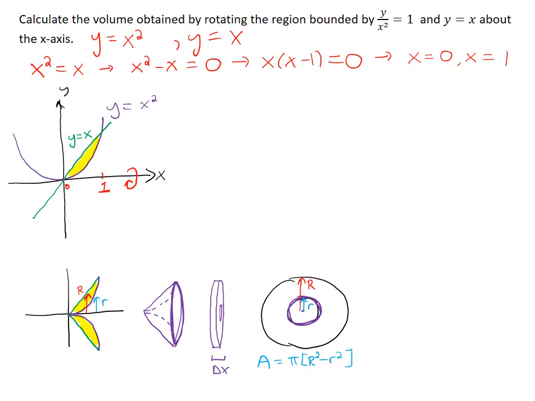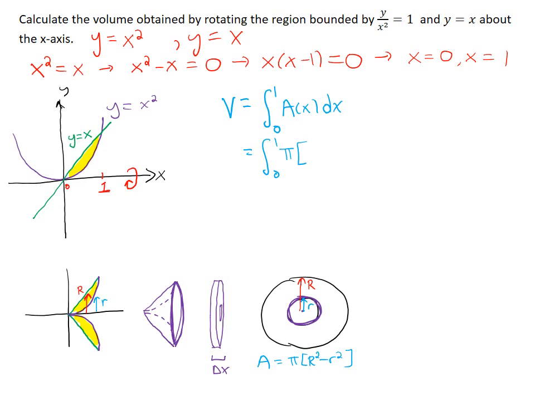Our volume expression, volume, is the integral from a to b, from the left end point to the right end point, so from 0 to 1, of our area function, dx, integrating in the x direction. dx is our thickness, which we get by making delta x go to 0. Our sum over all these slices turns into an integral, and we'll sub in what our area function is. Integral from 0 to 1 of pi times big R squared minus little r squared.